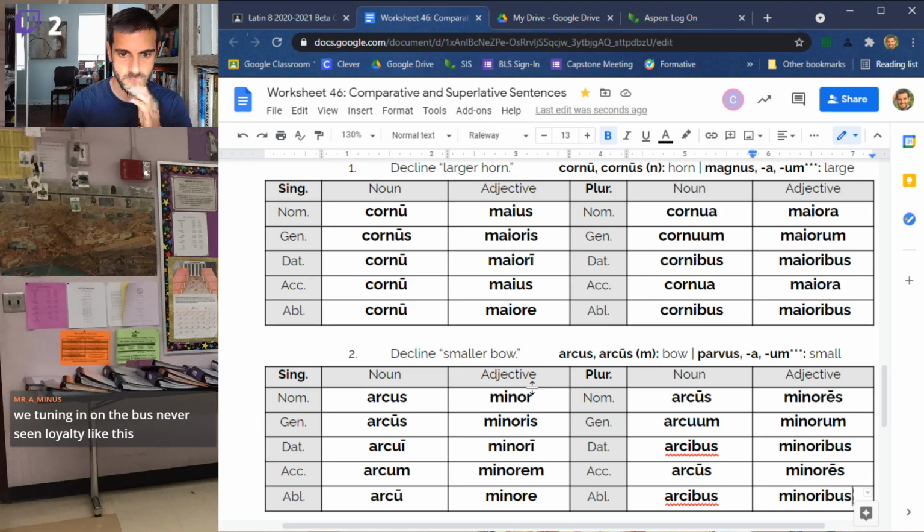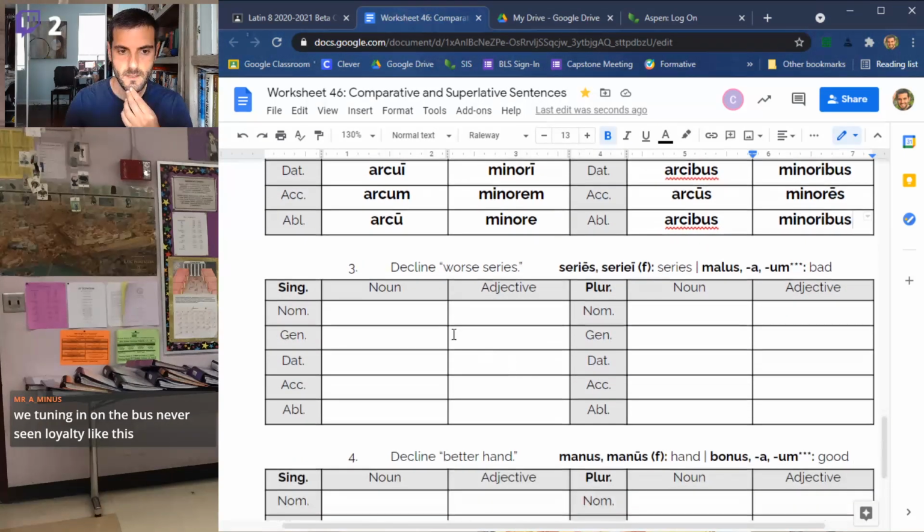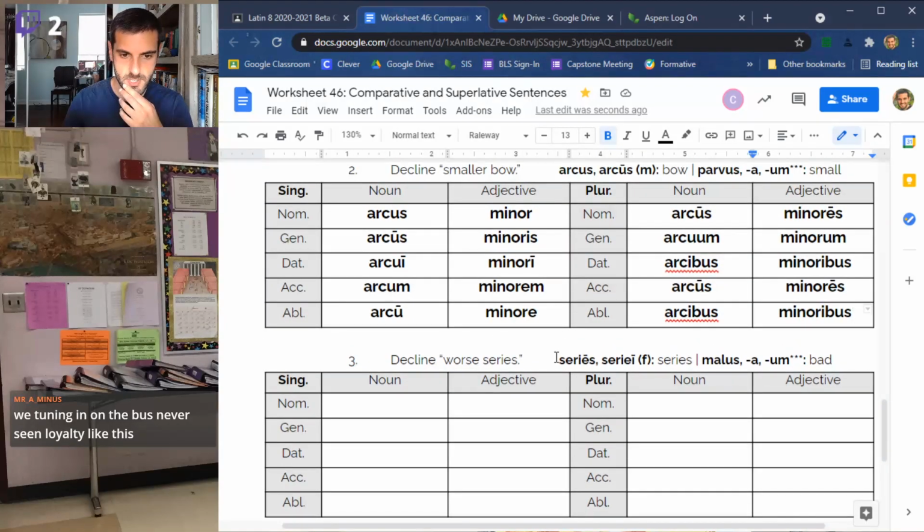That looks pretty good. Two more. So now we have a fifth declension noun here, series. I know it's fifth declension because it's that a-e-e pattern. Series, seriei. Seriei in the dative. We've seen that ending before. Seriem looks like every other accusative. Seriae, vowel at the end for ablative singular.